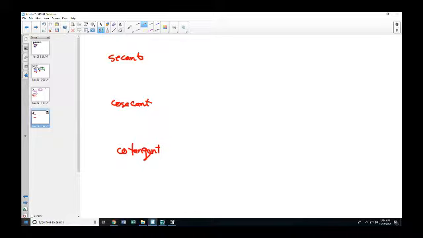So secant, cosecant, cotangent are the reciprocals of cosine, sine, and tangent.